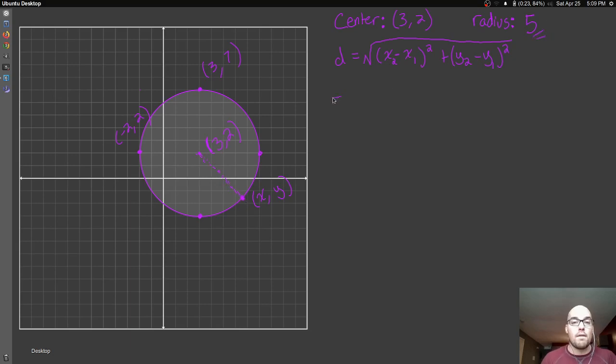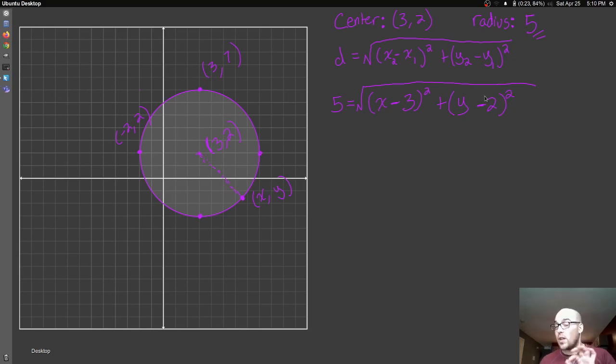So I'm going to say 5 is equal to, and let's say this is my x1, y1, this is my x2, y2, the square root of one of those x coordinates minus the other x, squared, plus one of my y coordinates minus the other y coordinate I'm using as a reference, squared.